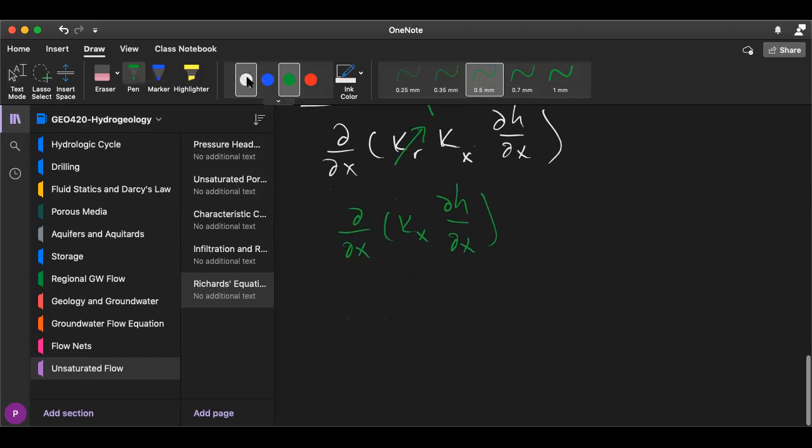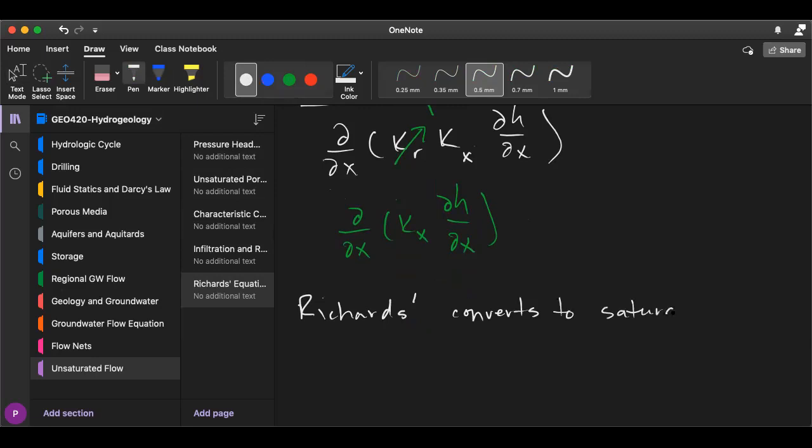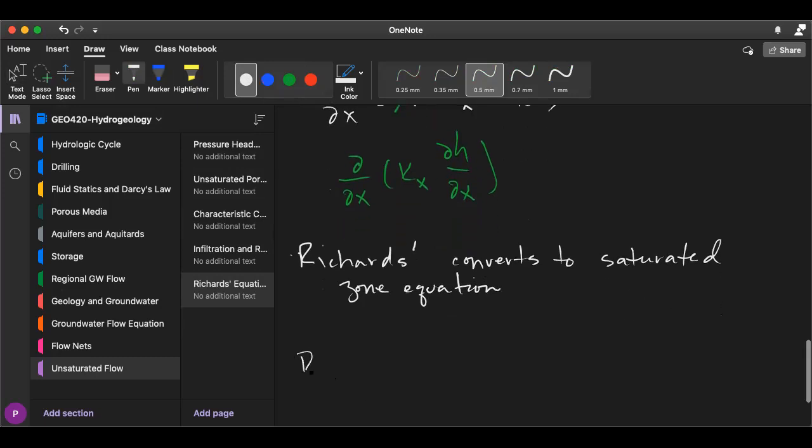So that means Richards equation is valid.